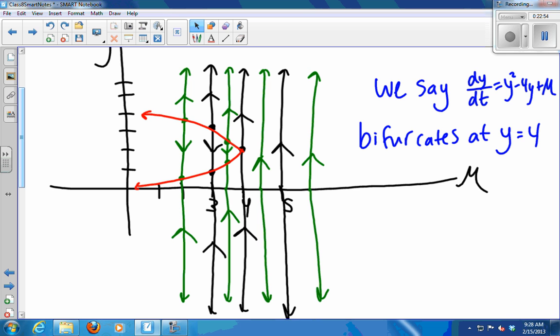You can also say it has a bifurcation value at mu equals 4. So the nature of the solutions changes. So mu equals 4 is a critical value of the parameter.